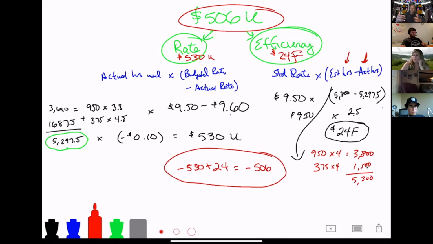That rate could be assuming that Ronnie, Bobby, and Ricky are going to be working there next month, but Ronnie leaves, and now it's Bobby, Ricky, and Mike, and Mike's more than what Ronnie was. It could be a change in the tax rate, so our tax rate that we have to pay has gone up. It could be overtime. Maybe instead of 3 people doing the work, it was 2 people. So there's lots of reasons why that makes sense. Okay.